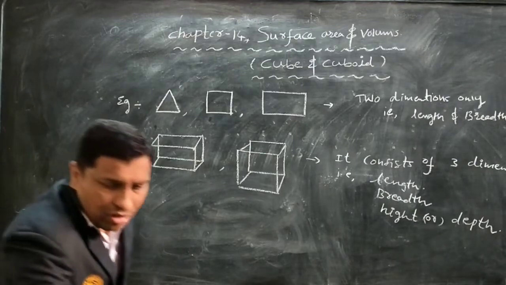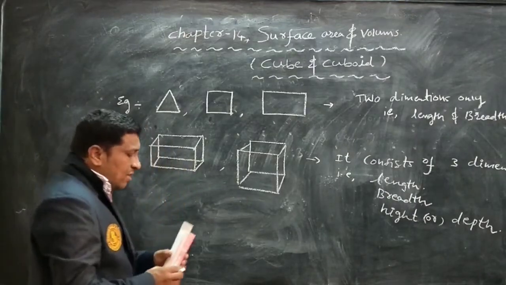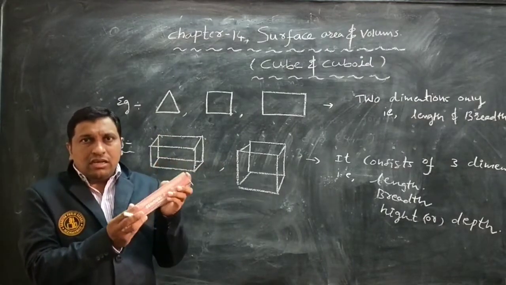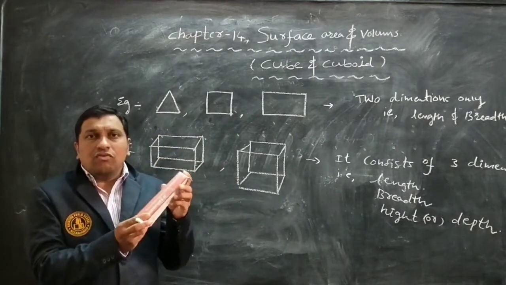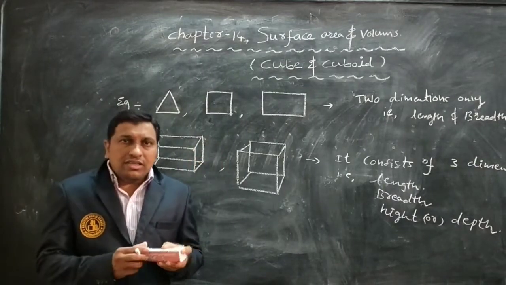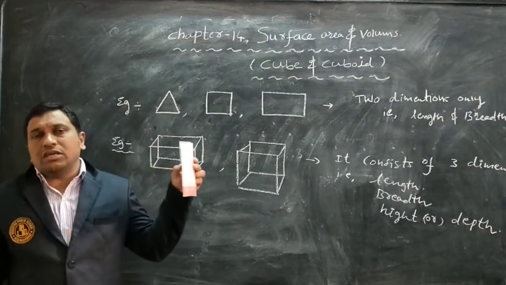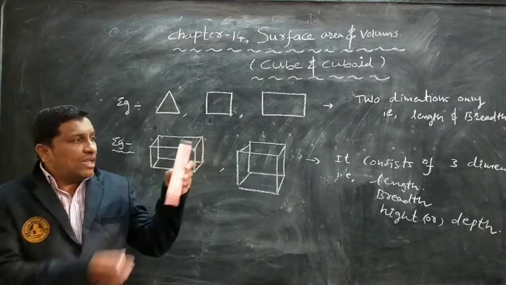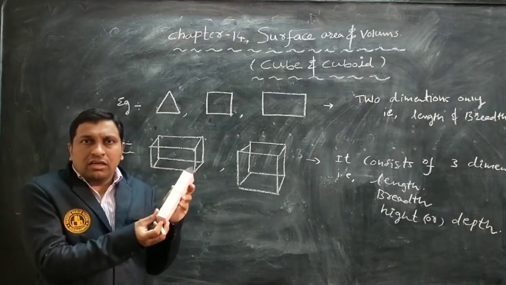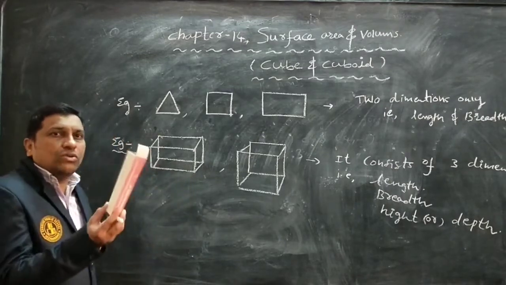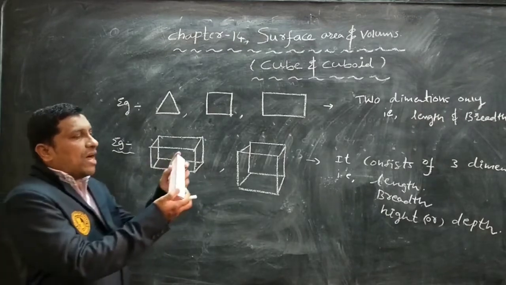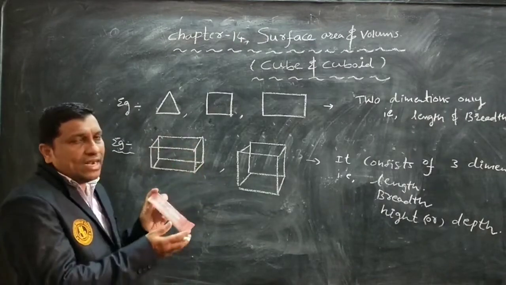For example, let us take this small box. Suppose this is a toothpaste box. Is this two-dimensional or three-dimensional? Is this box a 2D figure or 3D figure? The box consists of how many dimensions?